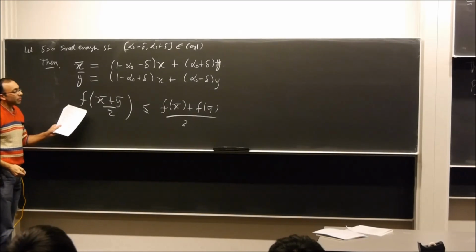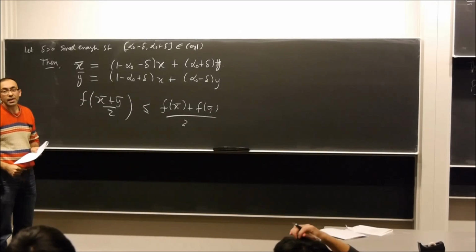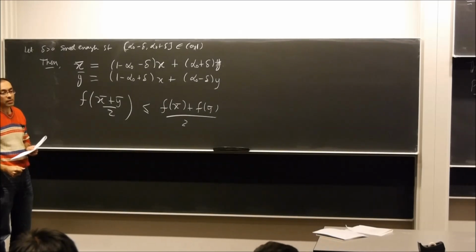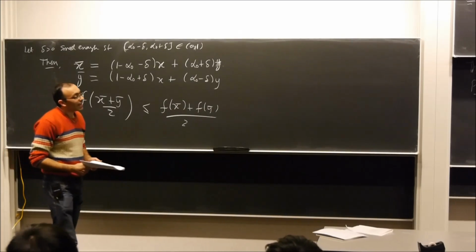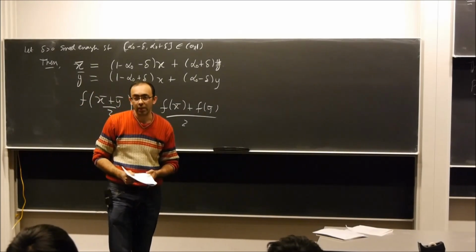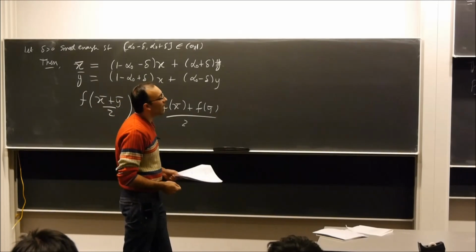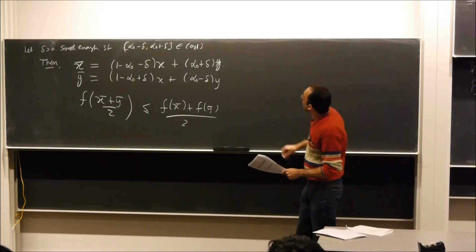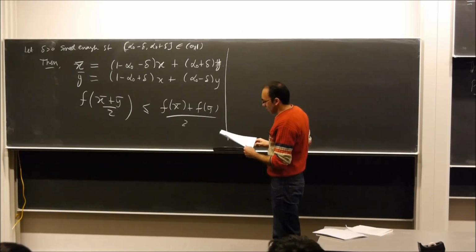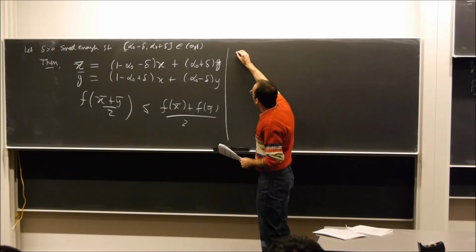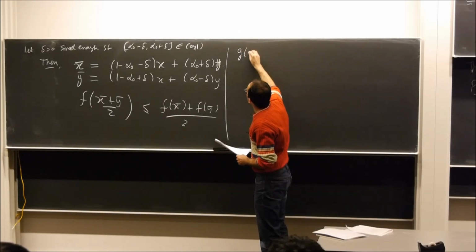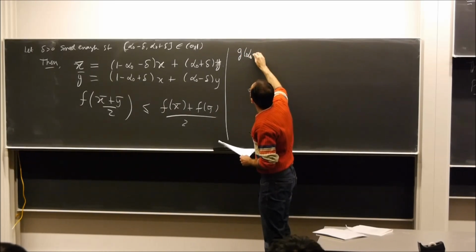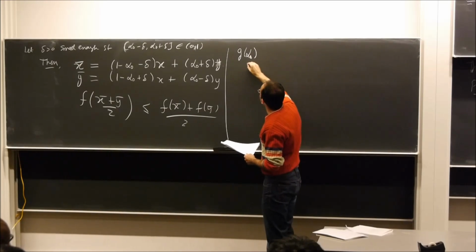And by plugging in these x's and y's, x bar and y bar, you want to now write everything in terms of G, which you can. That's the definition. So the homework part here is to show this. It's like one line of algebra, but slightly messy, so I'm not writing it here.